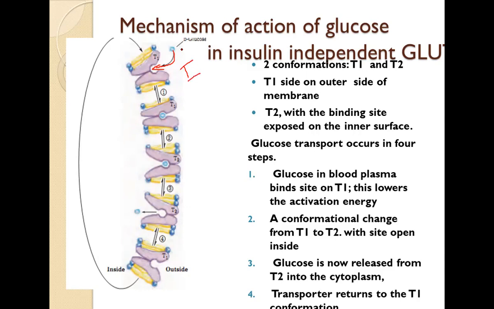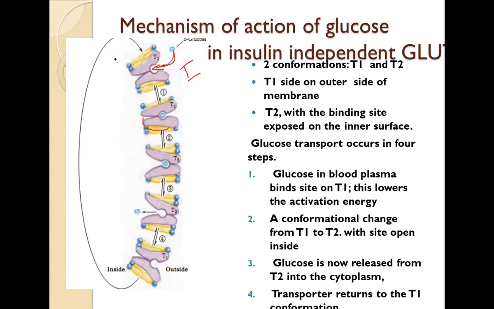Within that you have D-glucose, which will go now and attach to the T1. Once the T1 is bound with glucose, this will lower the activation energy, and the transporter undergoes a conformational change to its other structure, that is T2. So this is the T1 structure and this is the T2 structure.